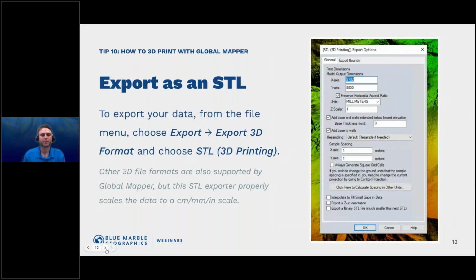So for example, the STL 3D printing, so you can export a mesh layer in that particular file format, taking publicly available either terrain or lidar data and creating an actual tactile output that you could create using a 3D printer.